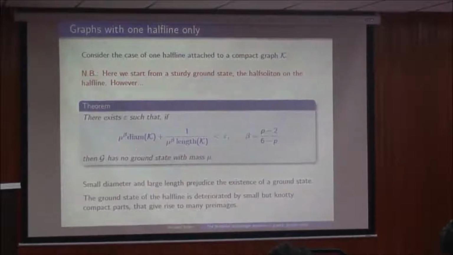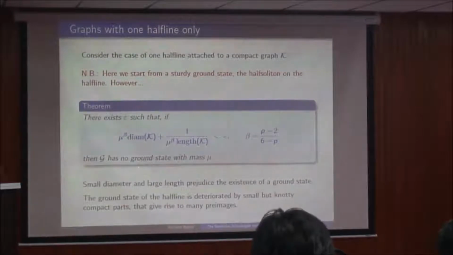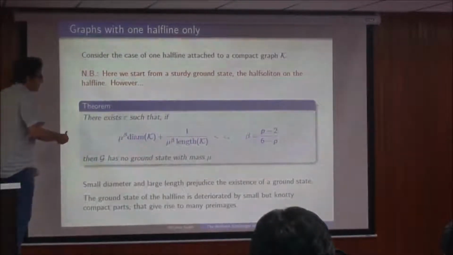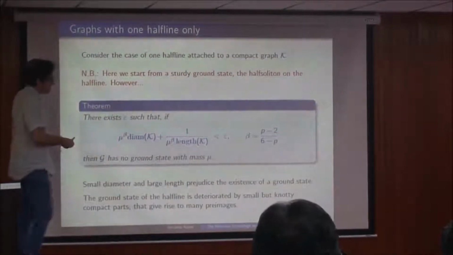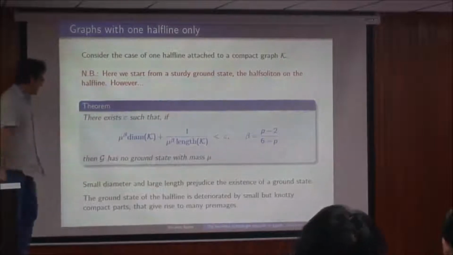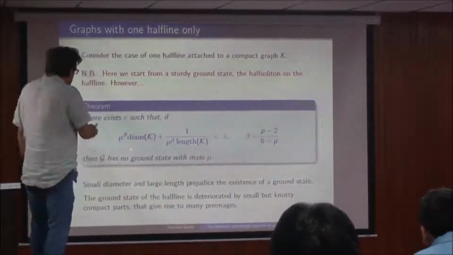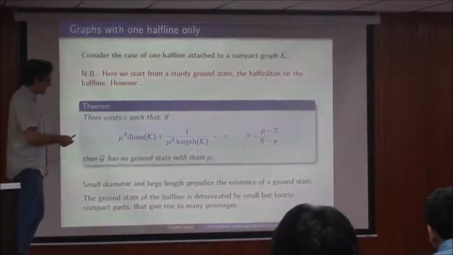It depends on the structure, on the relationship between epsilon, the length, and the diameter. So you see, for example, that if mu is very large, whatever the diameter is, the first term will immediately exceed epsilon. So if mu is very large, this theorem does not tell anything. There could be a ground state, and in general, if mu is very large, there is a ground state.